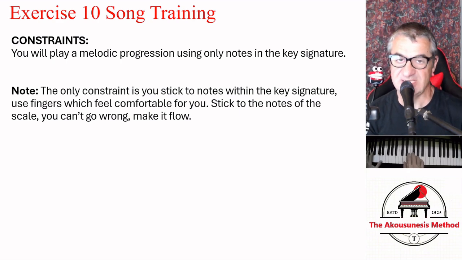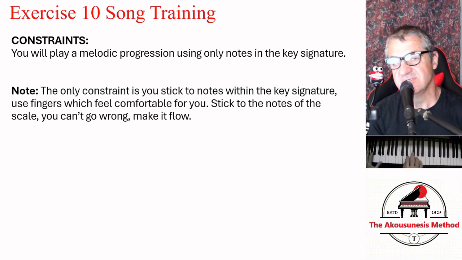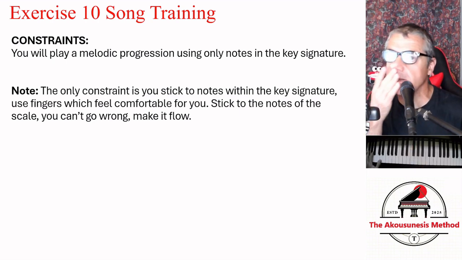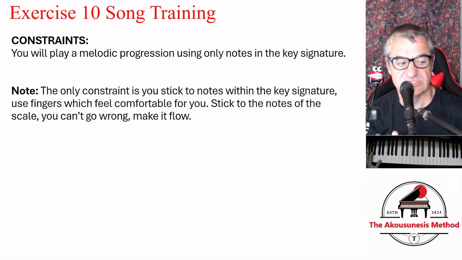So we're learning basically how to write songs. And we're listening. And we're going to learn, as we go on, we're going to have lessons on songs, writing songs and all sorts of interesting stuff on this channel.